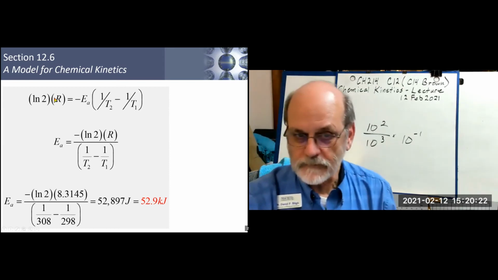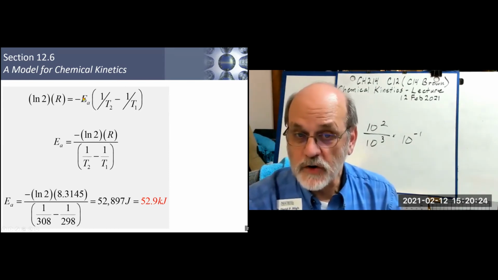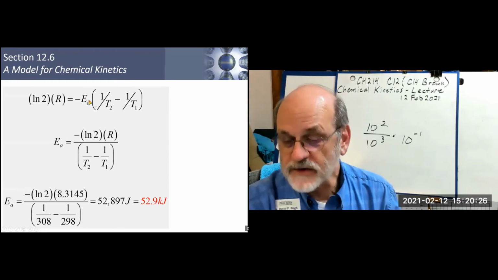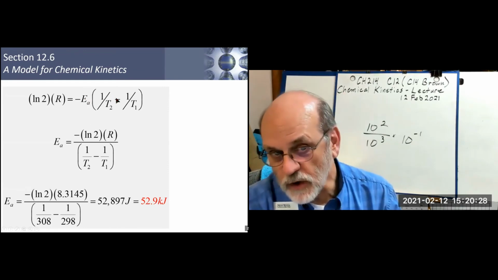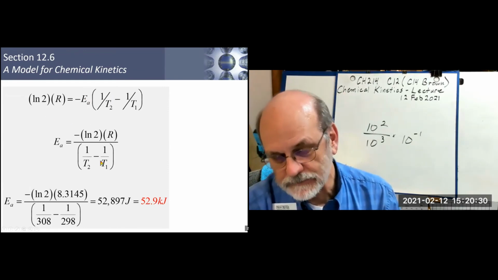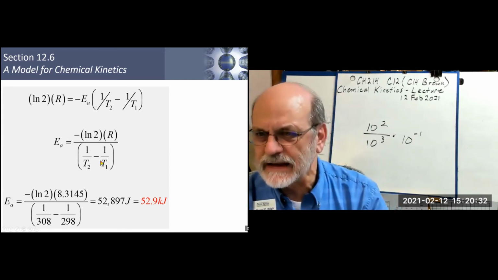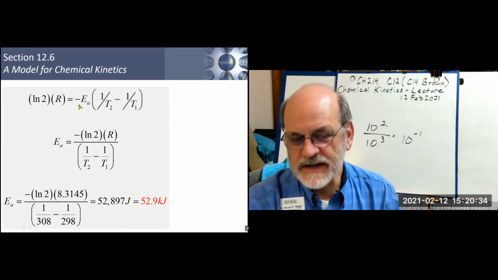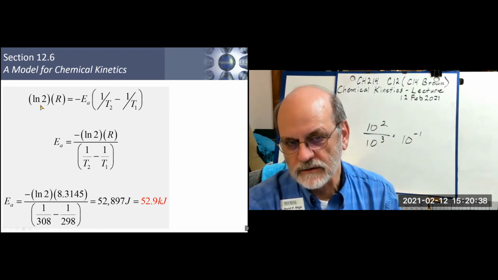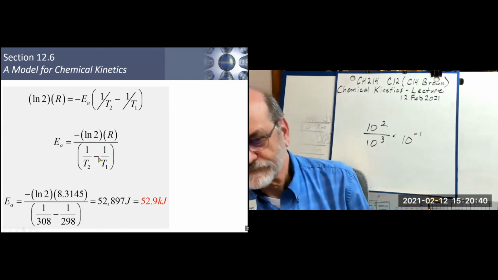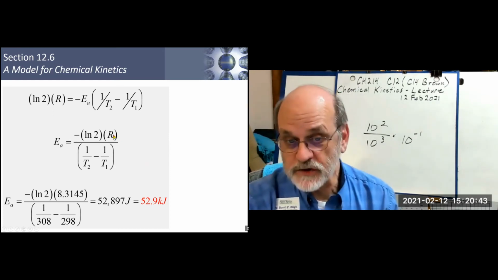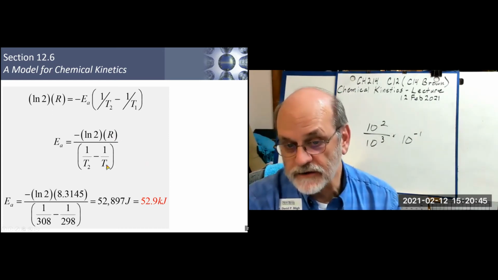Okay? Now we're also going to keep this one on that side and put this one over here in the denominator, like that. But we're also going to move the negative, right? So if it's negative on this side, then we put the negative over there also. Now we just fill in the value for R and solve.